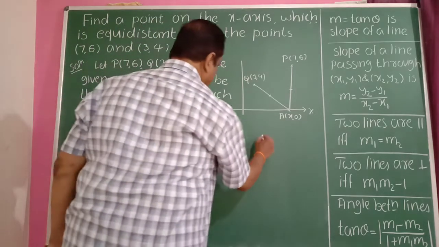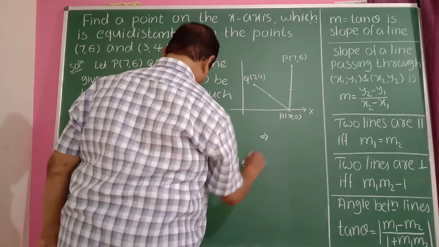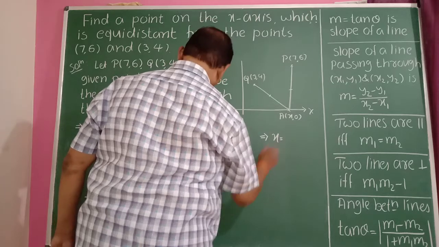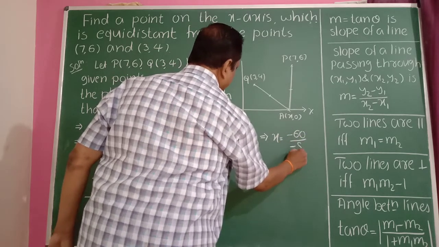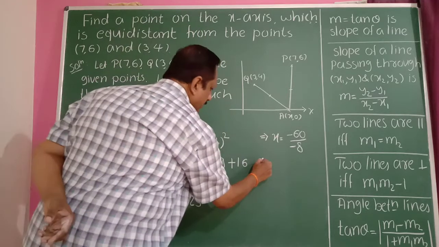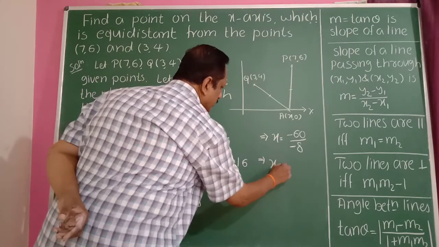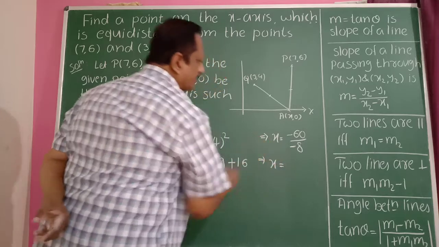So therefore this implies x is equal to minus 60 divided by minus of 8. Therefore x is equal to minus upon minus becomes a plus here.